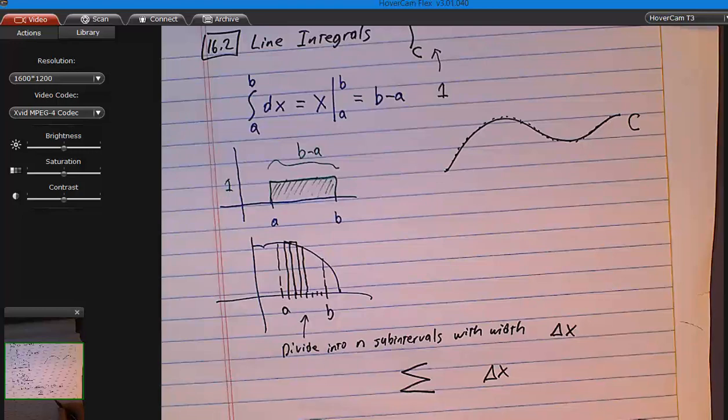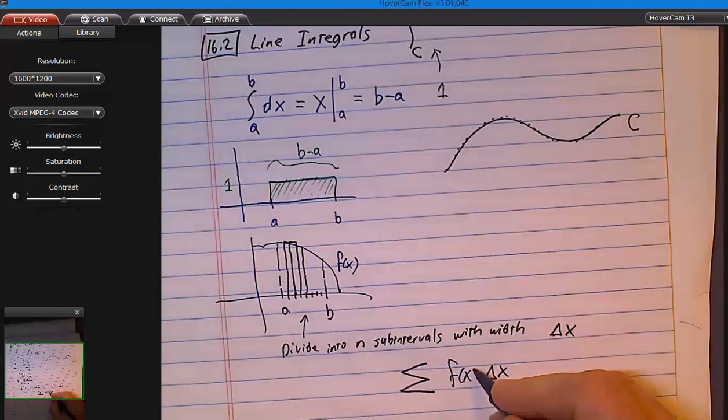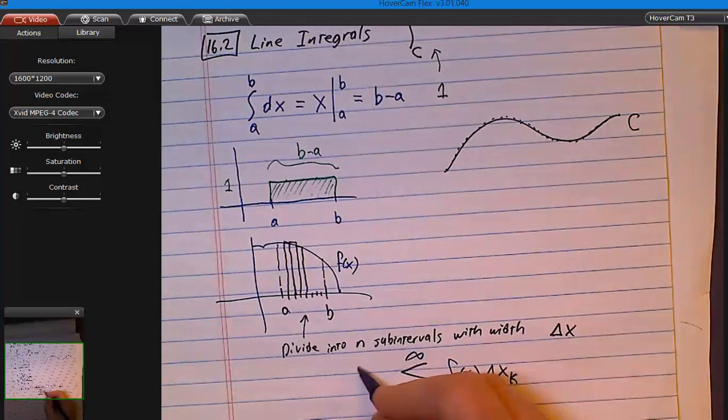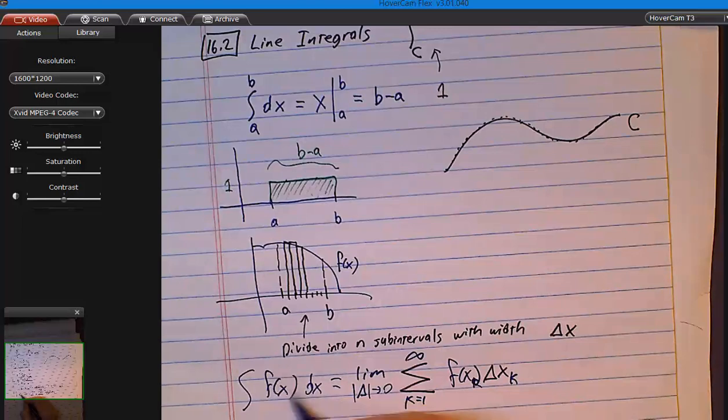Oh, that's the width. What else do you need? The height. And the height, of course, is defined by the formula. If this is f of x, then the height is f of x at that point, right? And so you have to put a little star or a k or something, and then you say k equals 1 to infinity, and you say if we take the limit as the size of the partition goes to 0, that's an integral. Right? You guys did that in Calc 1.